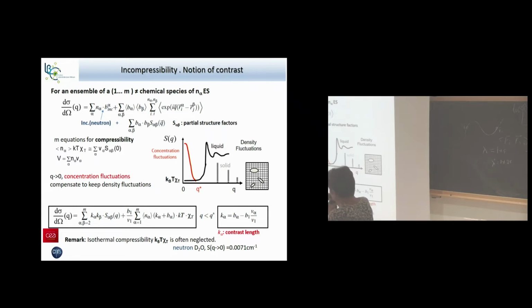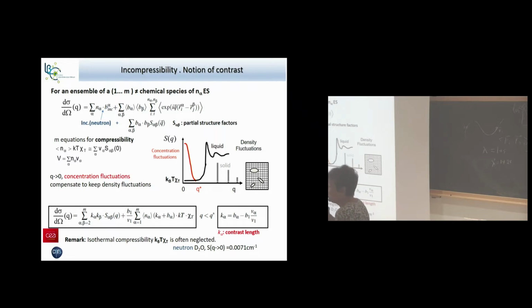We can separate each elementary scatterer. The double sum can be over the first species, the second species, and so on. But if you have a lot of chemical species, you have a lot of partial structure factors to solve, and these are unknown parameters.